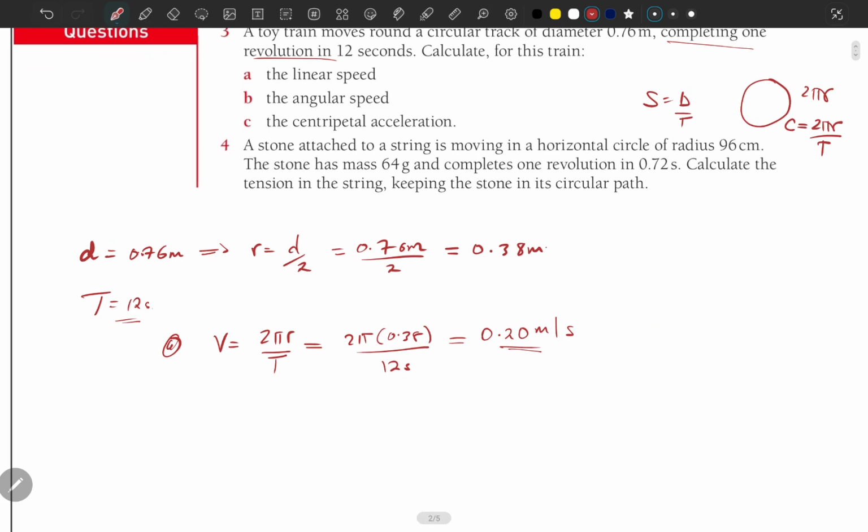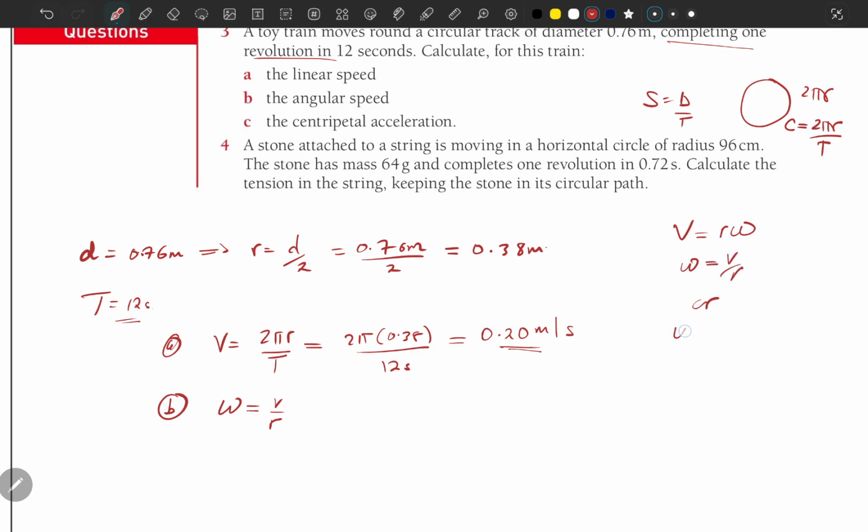The next thing that we're looking for is angular speed. Now the angular speed is related to v over r. Remember that linear speed is r times angular velocity. So from here you make angular velocity the subject of the formula, you get v over r.